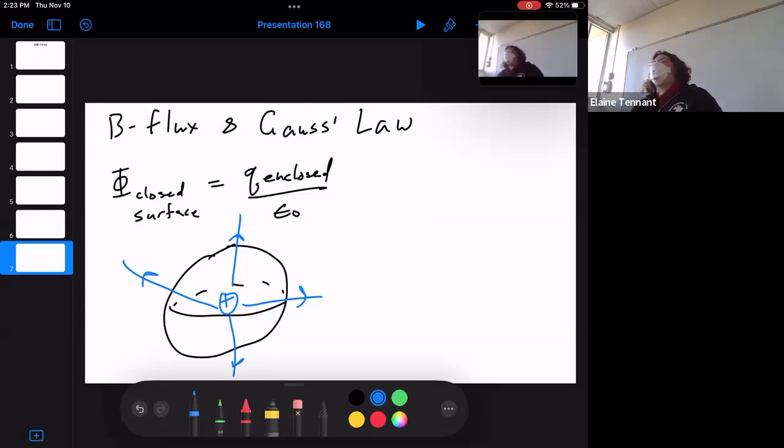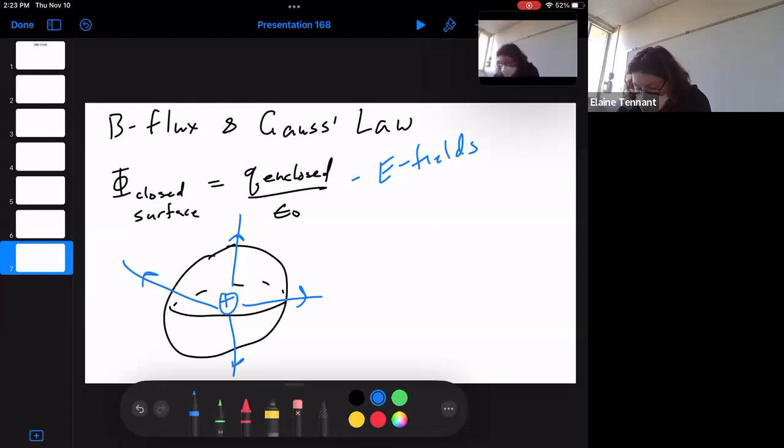The idea being that that electric field couldn't get out or into the surface without having to penetrate it. And so we could track that via the flux. And so this was Gauss's law for electric fields.